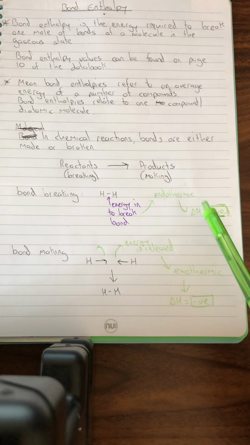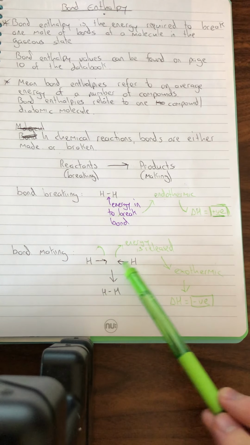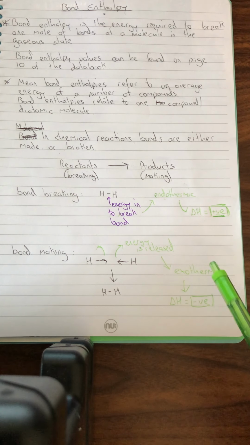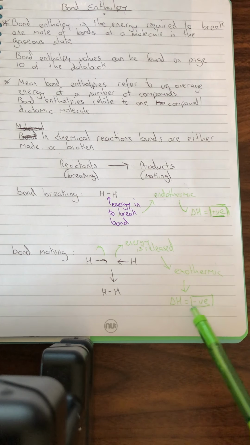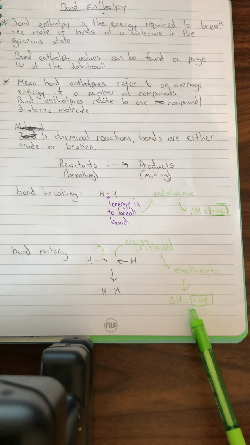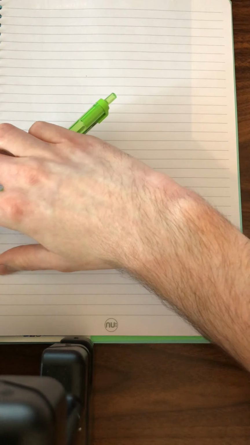That's endothermic, delta H is positive, okay? When we're making bonds, two hydrogens come in, they hit each other, energy gets released, okay? That energy released is an exothermic reaction, and that means delta H is negative, okay? So important. Now, how does that relate to what we're doing? We're building up to it, don't worry, we're building up to it.